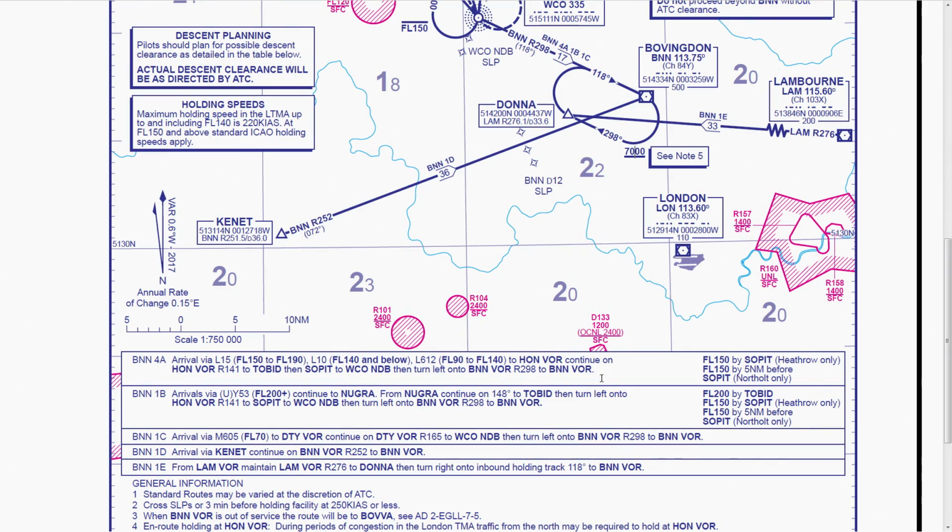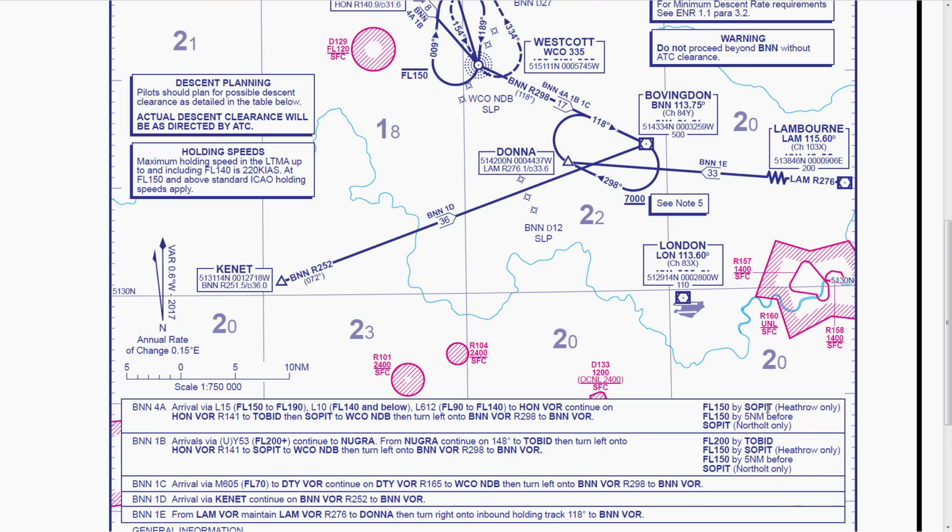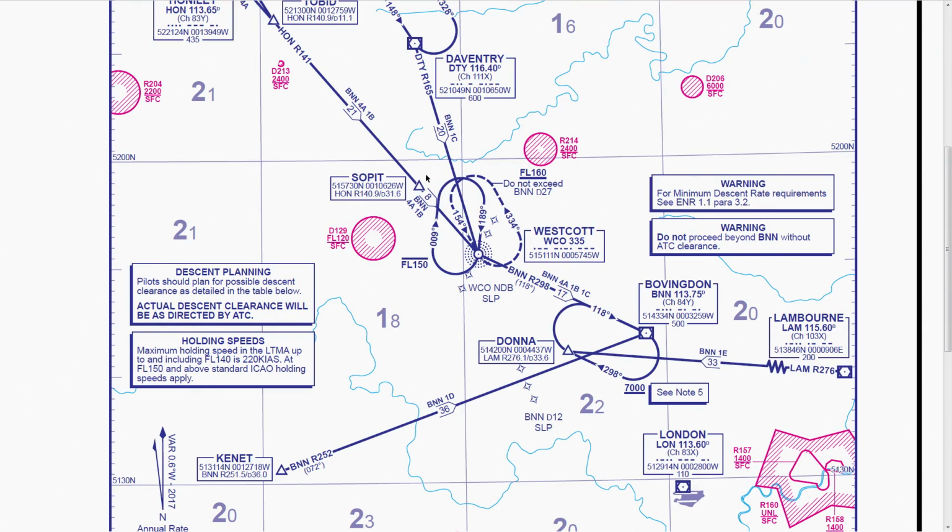To the Honolulu VOR, continue on Honolulu VOR radial 141 to Tobid, then Soppit, then to the Westcott NDB, turn left onto Bovingdon VOR radial 298 to the Bovingdon VOR, and then it gives you the recommended flight level. So flight level 150 by Soppit is what it wants there.